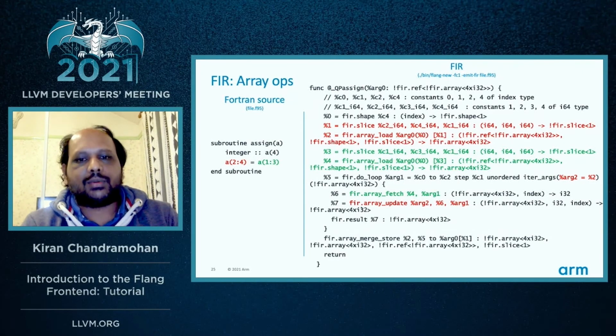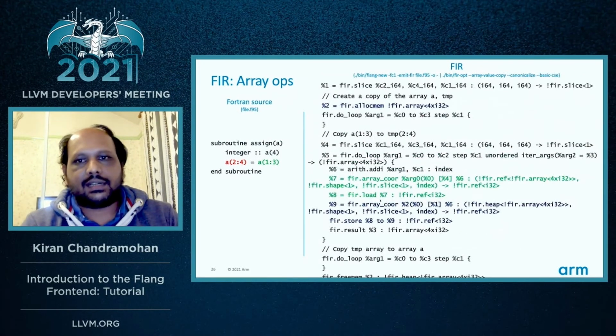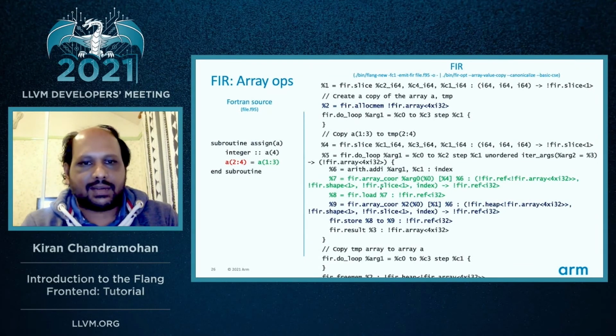Inside this loop, you have the array fetch operation, which fetches from the slice from 1 to 3 and updates the slice from 2 to 4. Then if you run the array value copy pass, all the array value operations like array load, array store, array fetch, array update, and array merge store are replaced by normal loads and stores.